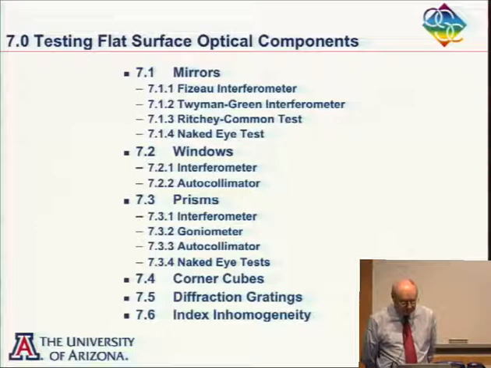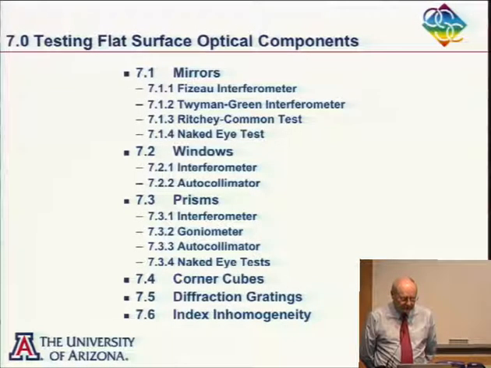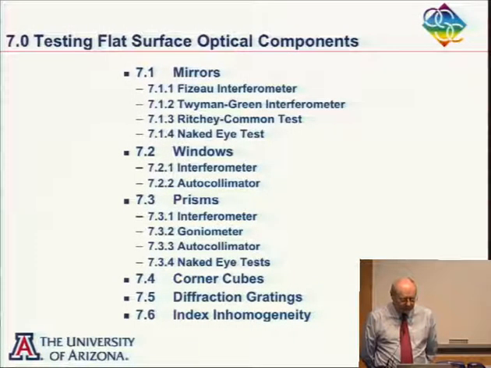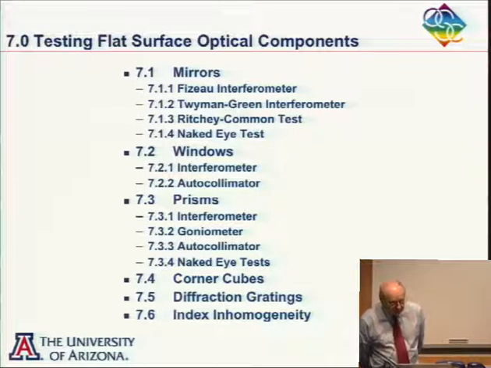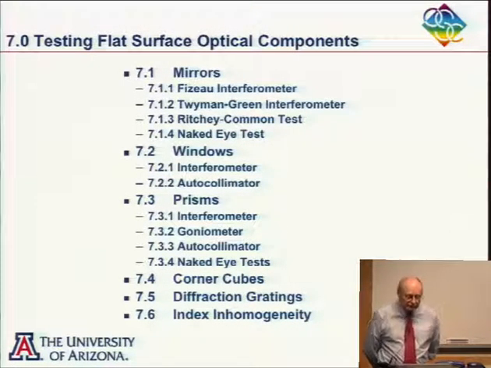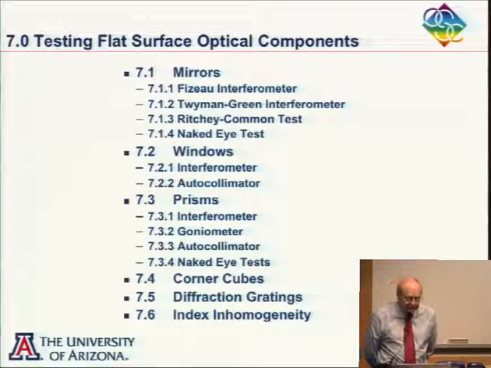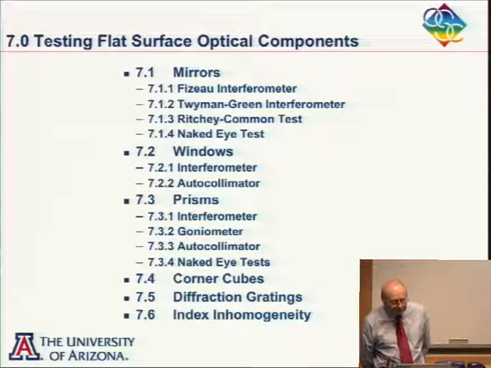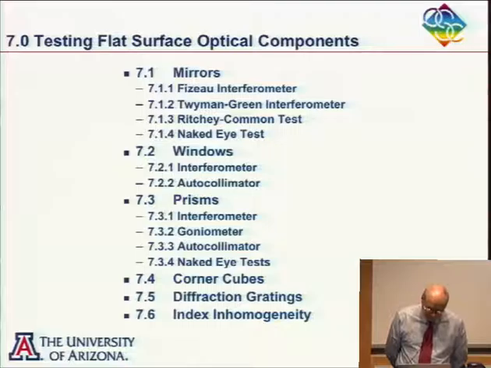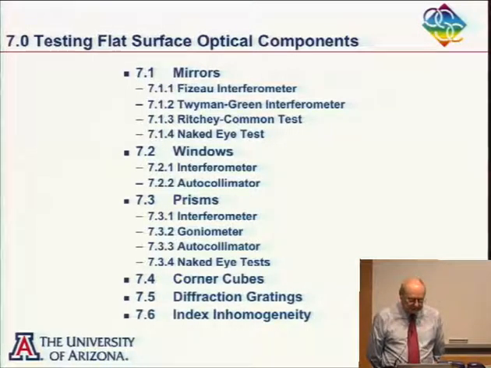And then we'll go on to the Ritchey-Common test, which we've not talked about. Then we're going to talk about what I call a naked eye test, which is kind of cool. And then testing of windows, using interferometers and using autocollimators. And then testing of prisms, using interferometers, a goniometer, an autocollimator, and another naked eye test.